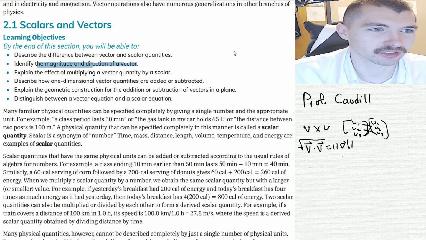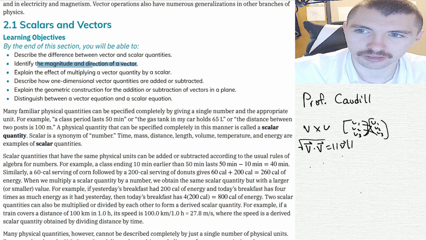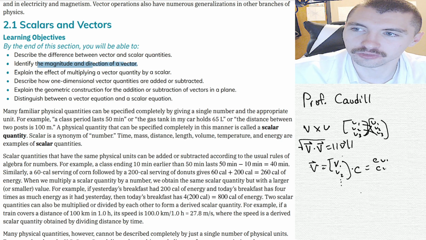Might not be correct. Explain the effect of multiplying a vector quantity by a scalar. So, v is a vector, v1, v2, and then if you had times, let's say, a scalar c, then that would be cv1, cv2.